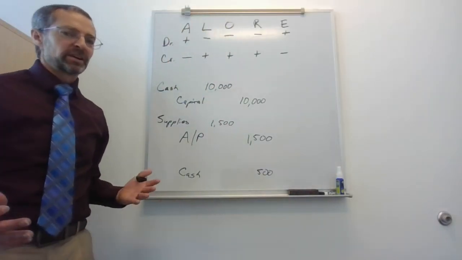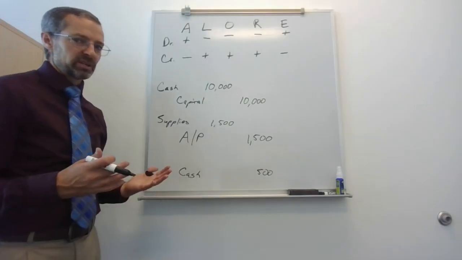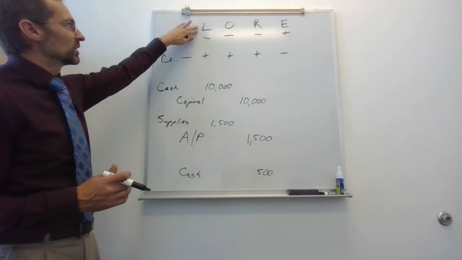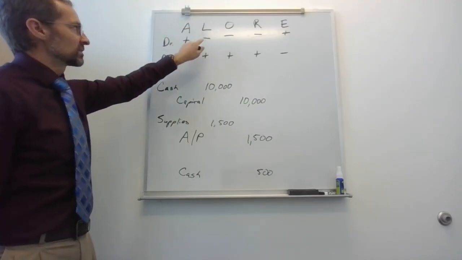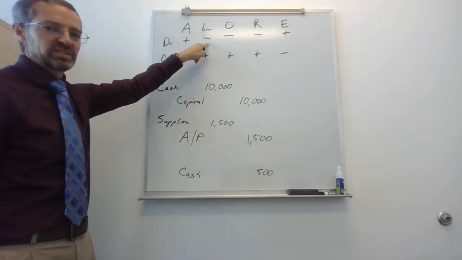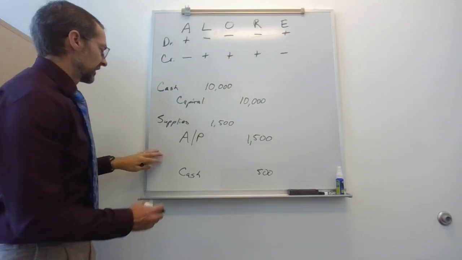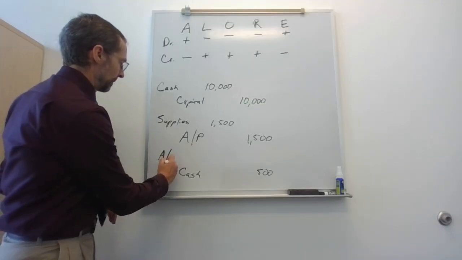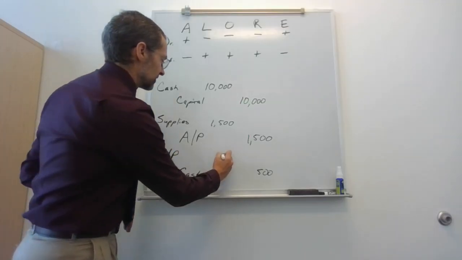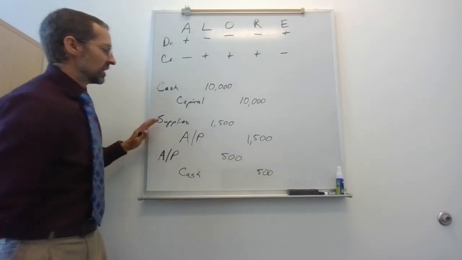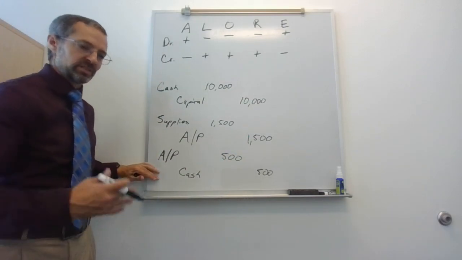Well, what else is happening? We owe less money than we did before. That sounds like a liability. We owe less money, so we need to debit the liability to show that it is going down. And that is accounts payable. And so we debit accounts payable. Added another sentence to our business story.